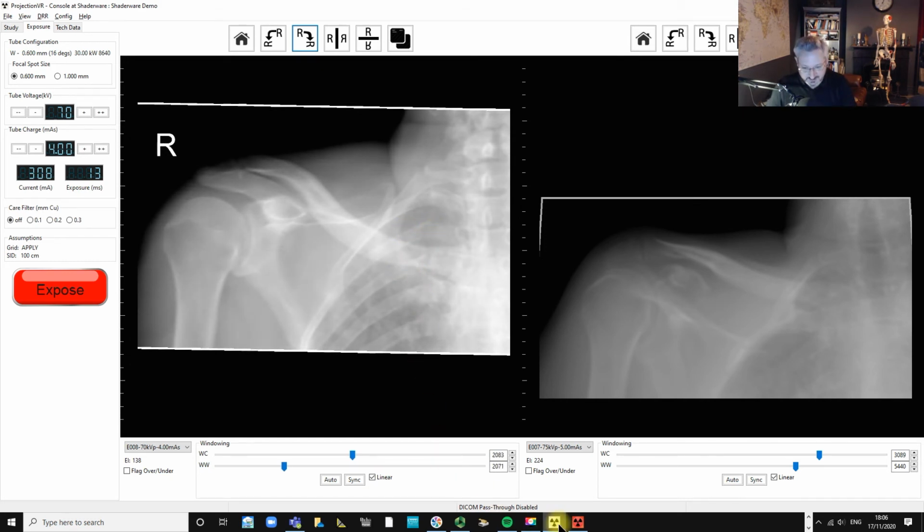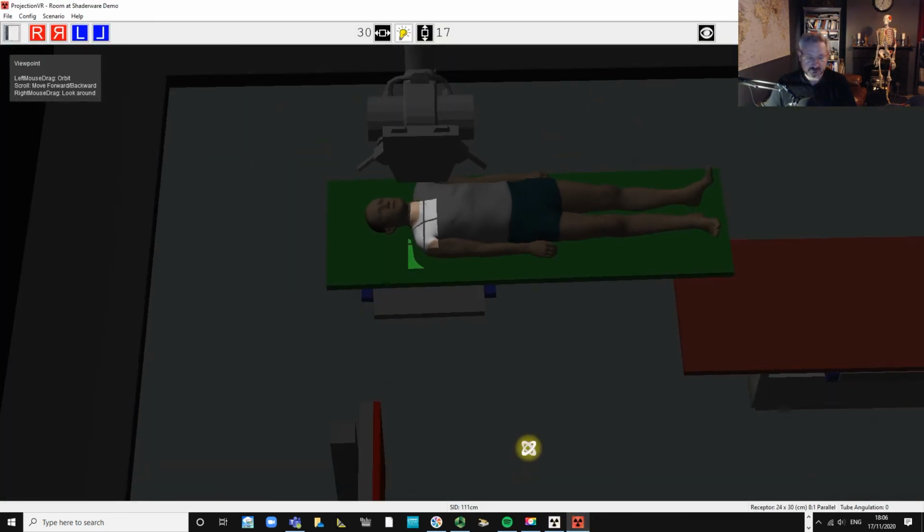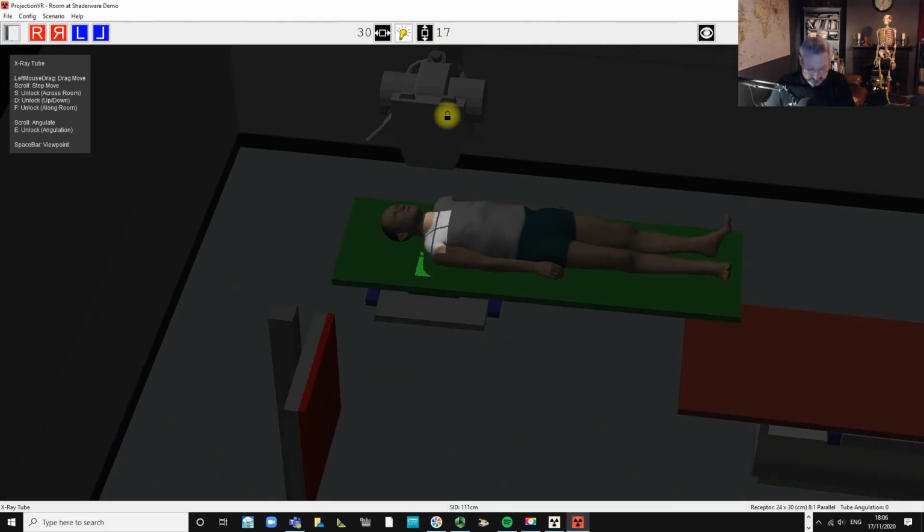So now it's a question of how we get the angled projection. So we can't angle against the grid with our 15 degrees. 25 degrees we're going to go for.